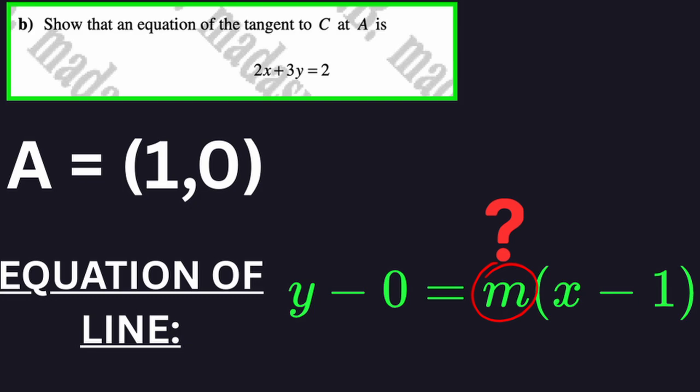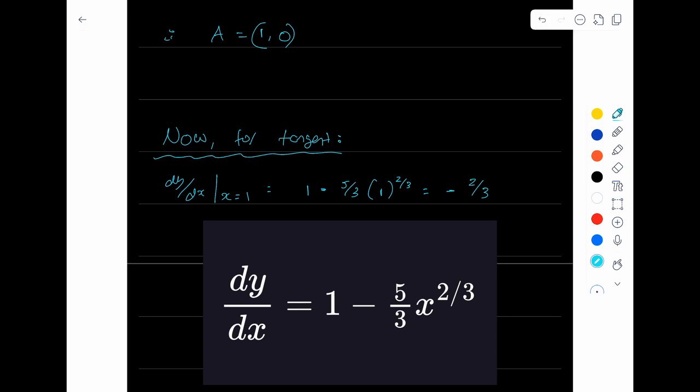So, if we plug x equals 1 into dy/dx, we get 1 minus 5/3 times 1 to the power of 2/3, which is equal to 1 minus 5/3, which equals negative 2/3. So then, what does our equation become?